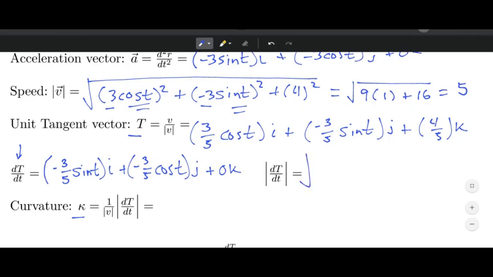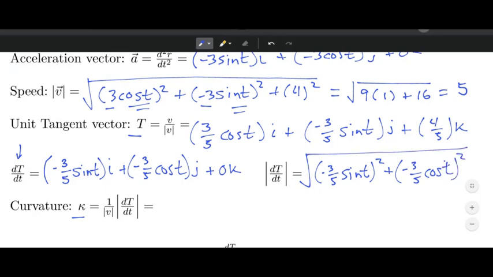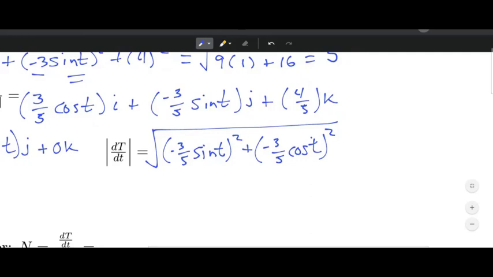Next, we need the magnitude of this vector because we're going to use that for curvature. So the square root of (negative 3/5 sine t) squared plus (negative 3/5 cosine t) squared. If we simplify, we have 9/25 from squaring, and then sine squared plus cosine squared is 1. And then we end up with 3/5.